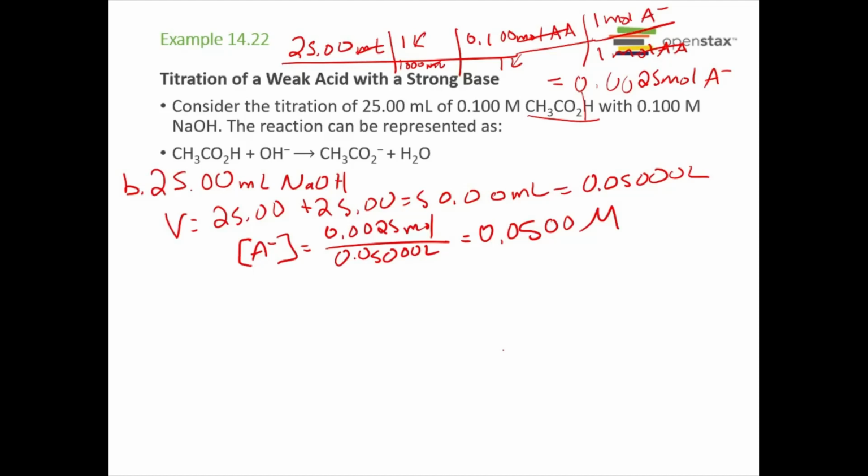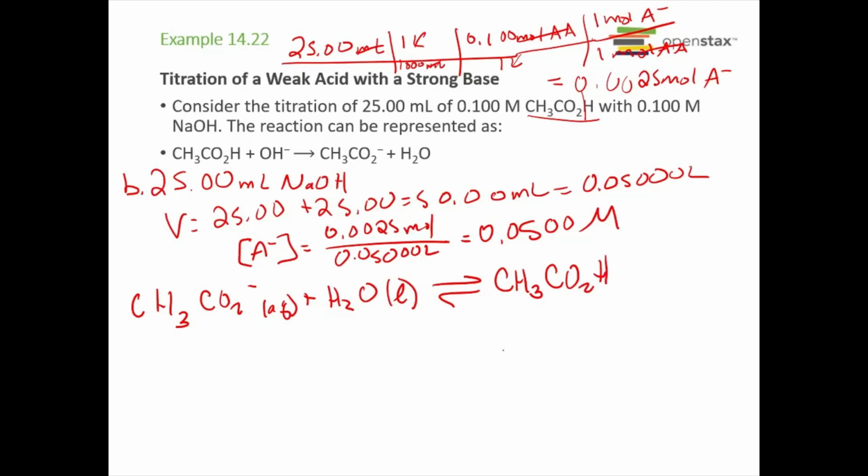So now, when this is acting as a base, we have the acetate CH3CO2 minus reacting with water, which is going to be acting as an acid here. Because all of our acetic acid is gone, water is acting as our acid. So now this is going to form CH3CO2H and OH minus.